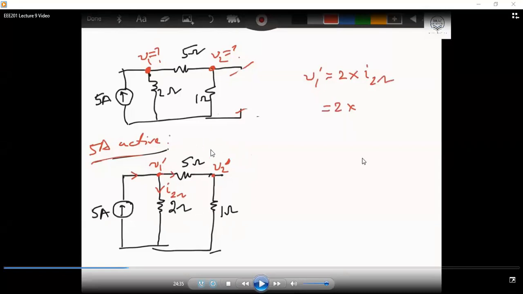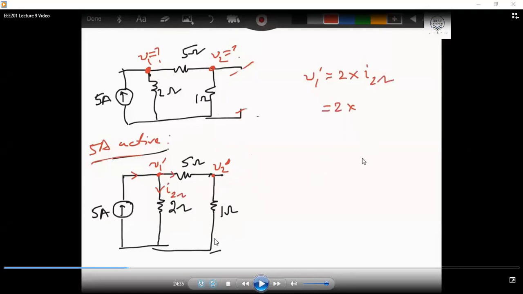Yes, sir. So your current division law says the current divided by the summation of R1 plus R2, into what? The opposite resistor, which is 6. Yes, sir. And what's his name? Tanvir Al Islam answered that this is multiplied by 2.